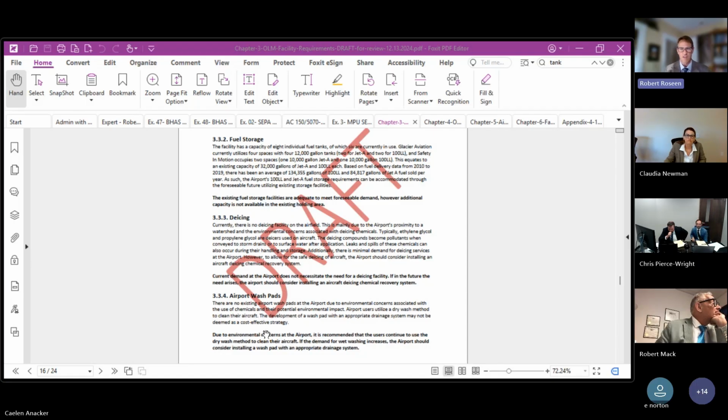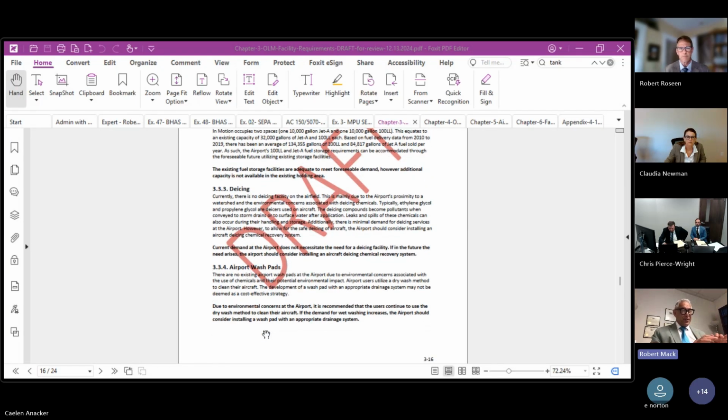Actually, I'm not opposed in general to reading certain sections discreetly, but which page are you on? We are on 3-16. It's Chapter 3. Yes, Chapter 3. Okay, and if I could just direct your attention to the bolded section at the bottom of 3.3.3, you could just read the two sentences there.